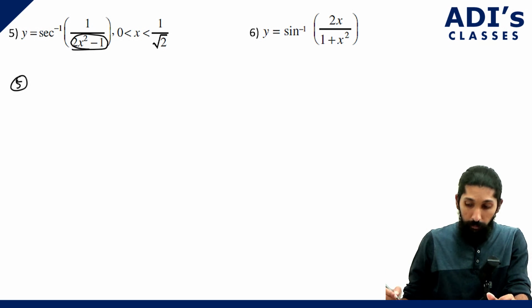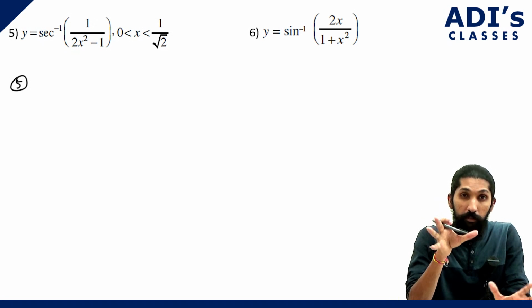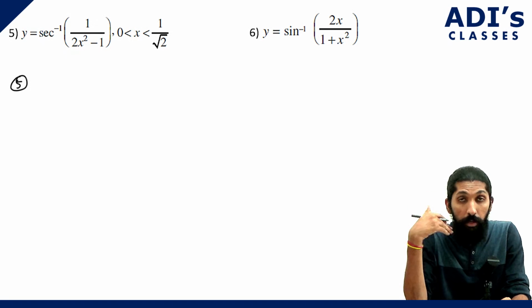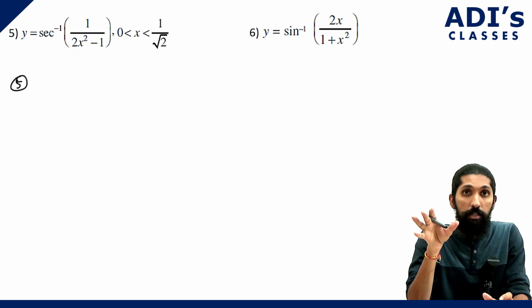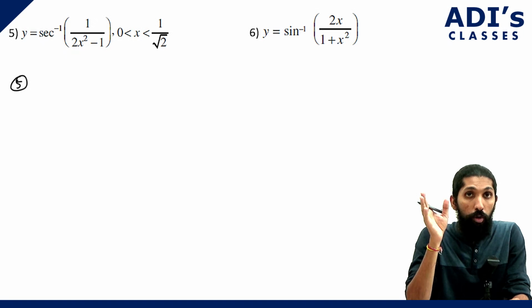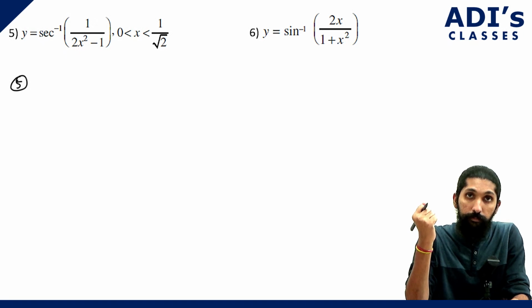So when you have 1 divided by something, the 2x square minus 1 should give me in terms of cos, correct? Now start thinking of the multiple angles, what you can substitute. The best nomination for this one is going to be cos theta, because 2 cos square theta minus 1 is cos 2 theta, isn't it?